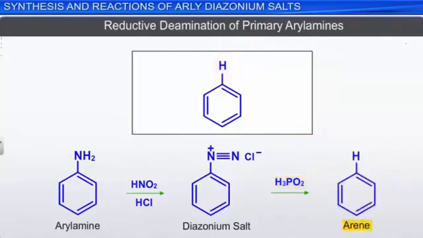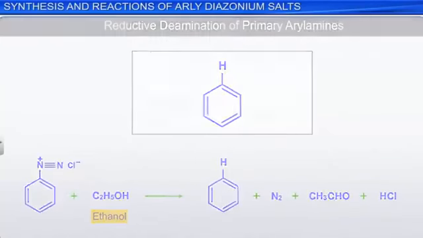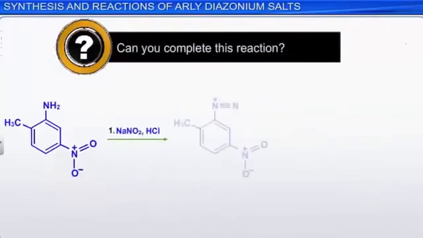Alternatively, this can be carried out using ethanol. Can you complete this reaction? In the first step, the corresponding diazonium salt is prepared. Next, the diazonium group is replaced with a hydrogen atom.